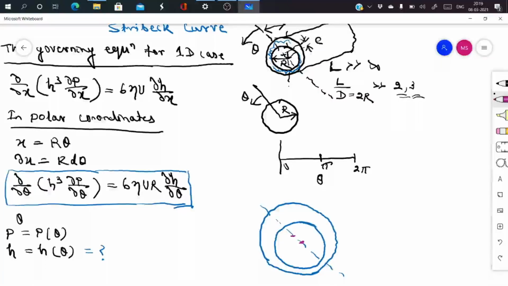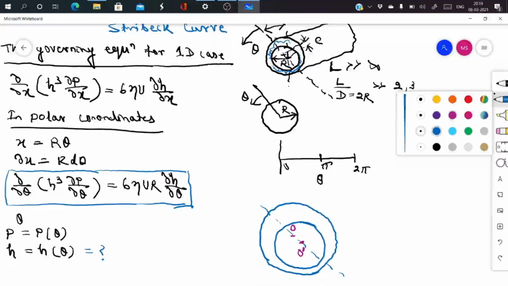This is journal center, let us say O dash. This is bearing center, let us say O. Now load is acting at the journal center in the vertical line.